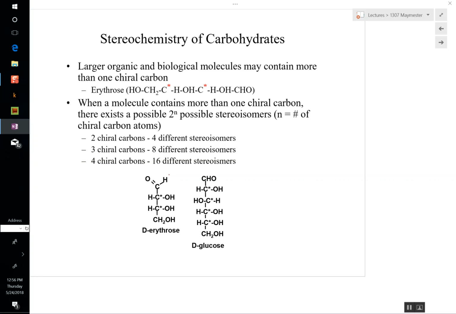Your molecule is going to have a longer carbon chain. But if you get these bottom 3 vertically, and then look at that second from the bottom carbon, if the OH is on the left, it's L-glucose. If the OH is on the right, it's D-glucose.